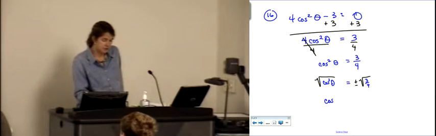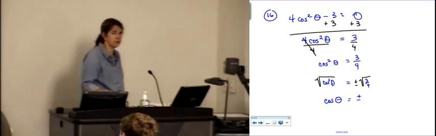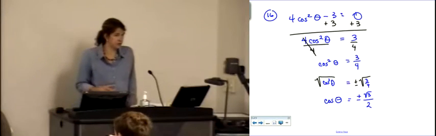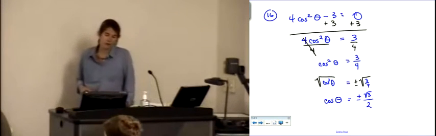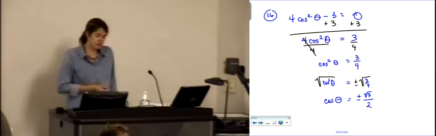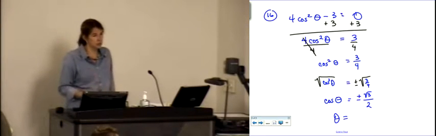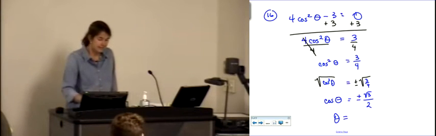That's giving me the cosine of theta equals plus or minus, what's the square root of 3/4? Square root of 3 over just plain old 2, right? Square root of 3 over square root of 4. We want to know those angles where the cosine is equal to positive or negative square root of 3 over 2.